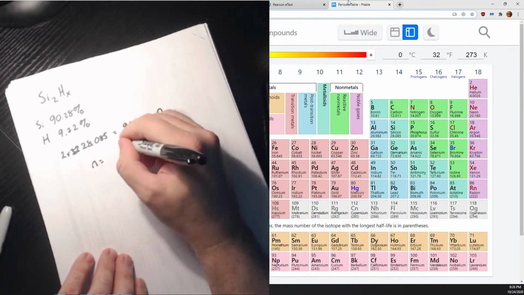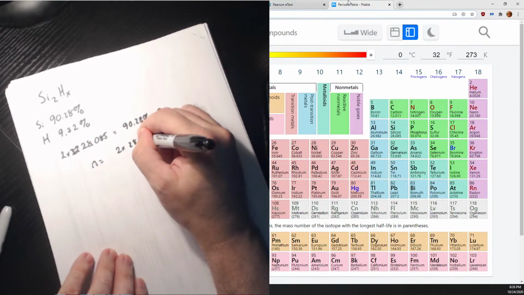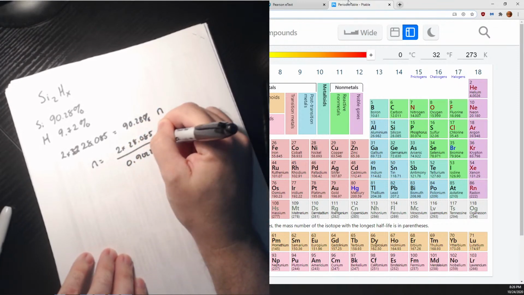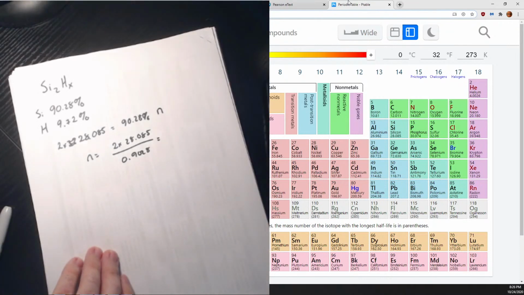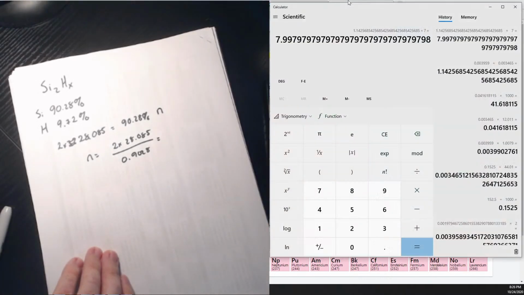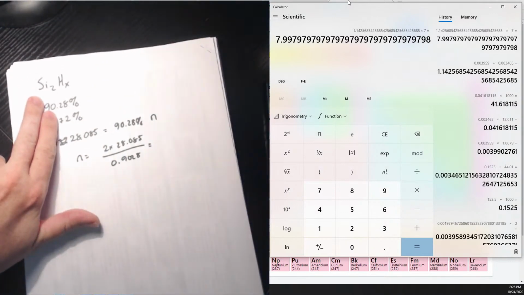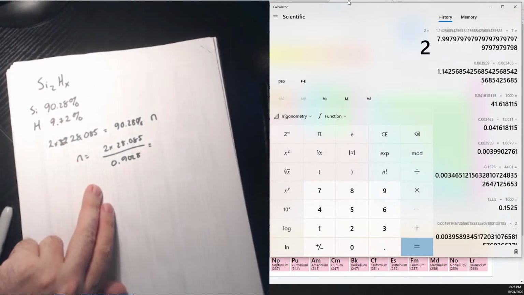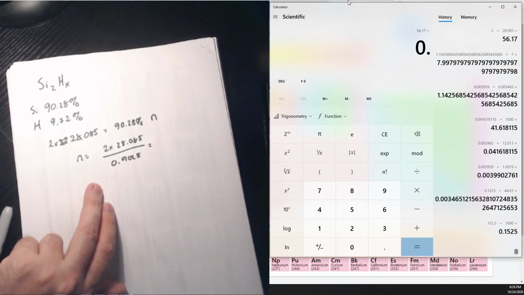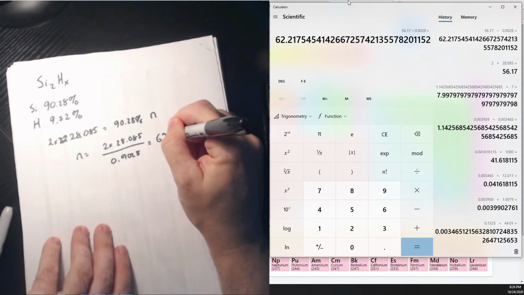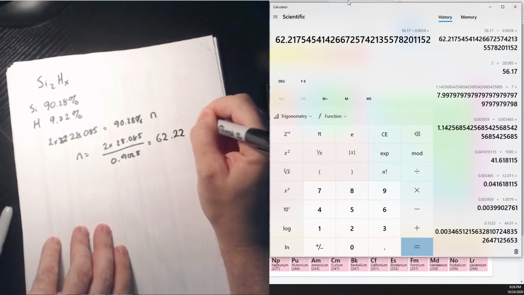So N equals 2 times 28.085 divided by 0.9028. What I'm doing is basically finding the molar mass of the disilane. So 2 times 28.085 divided by 0.9028 gives us 62.22.